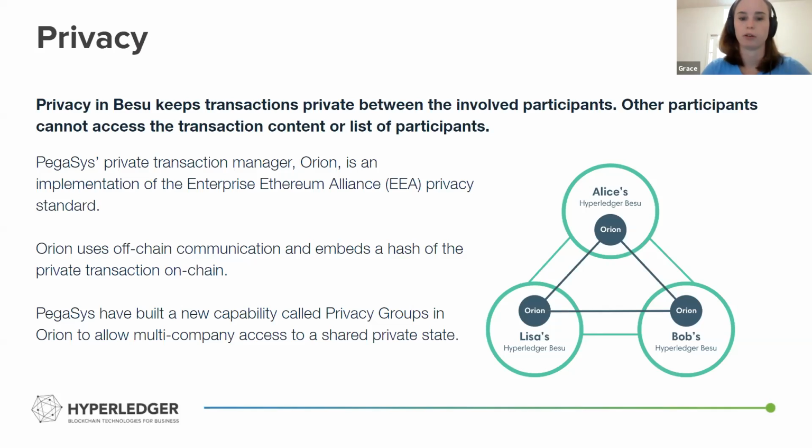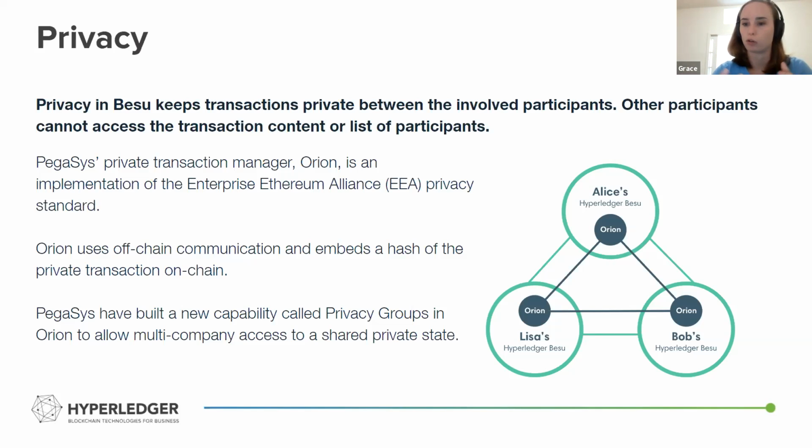We've really focused on making sure that privacy in Besu is very advanced compared to other clients. For example, we created this idea of privacy groups. If you're familiar with Fabric, it's similar to channels. Let's say there are 5 banks within a private network, and you only want to send private transactions among 3 banks.